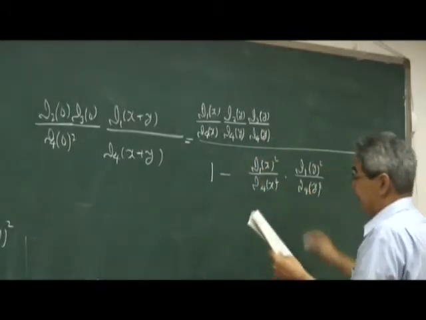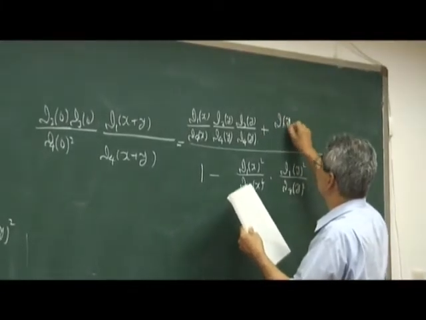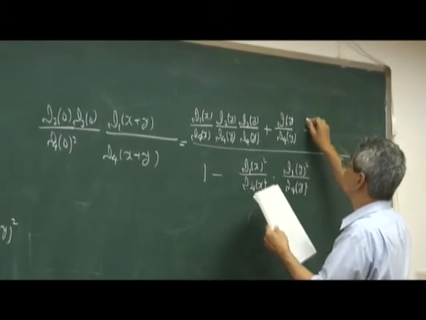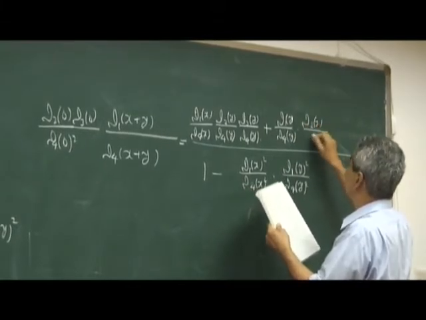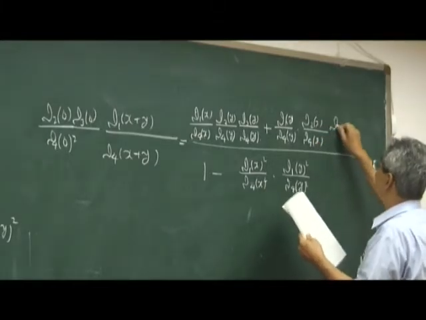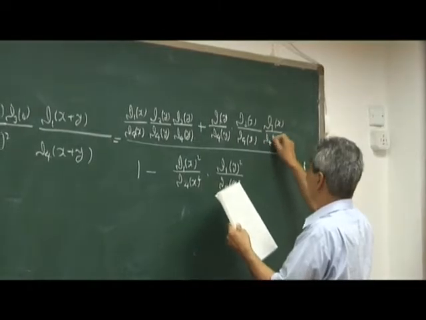Right? And plus theta 1 y, theta 4 y, and then theta 2 x over theta 4 x, and theta 3 x, and theta 4 x.